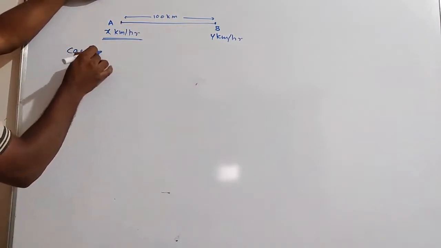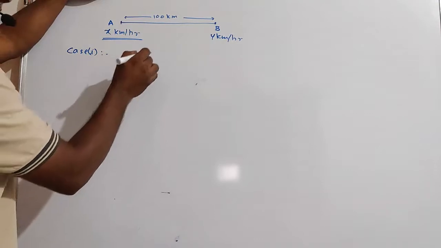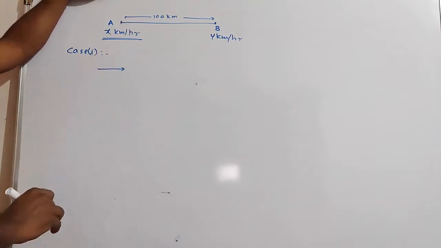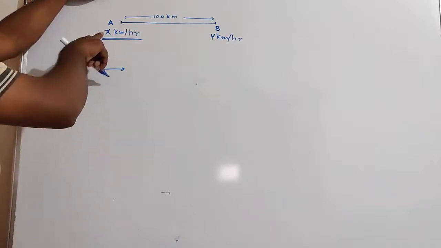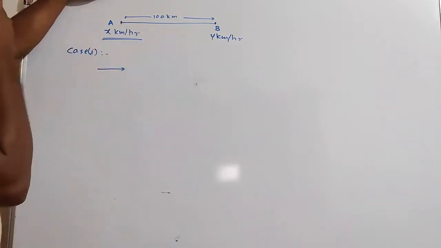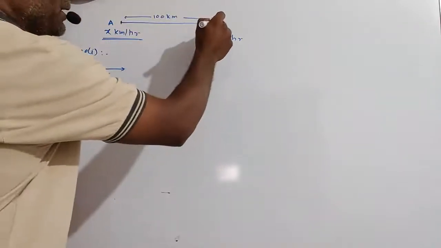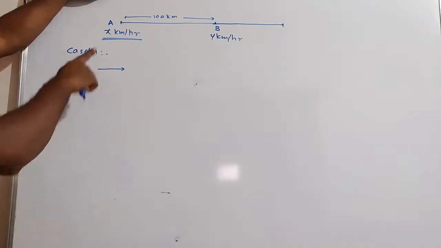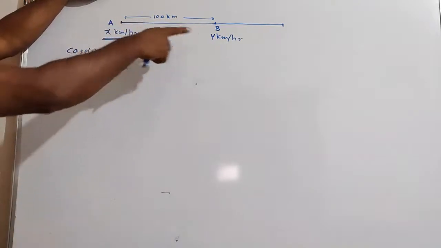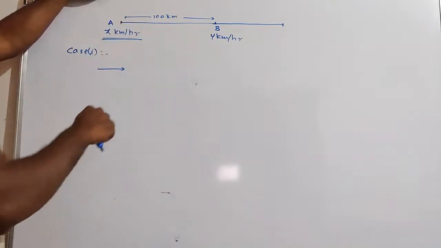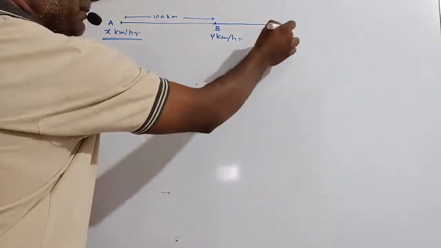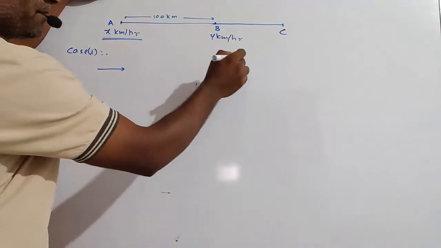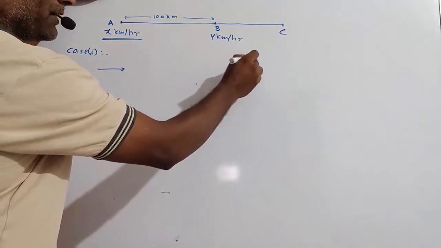This is case 1, where both cars are traveling in the same direction, speed x, speed y, and after 5 hours with a different speed. Suppose here the speed x is greater than y, so they will meet each other at point C, and the time is 5 hours.